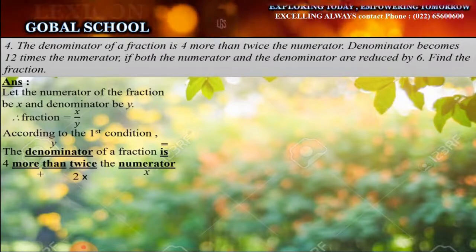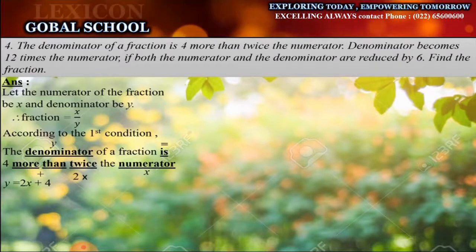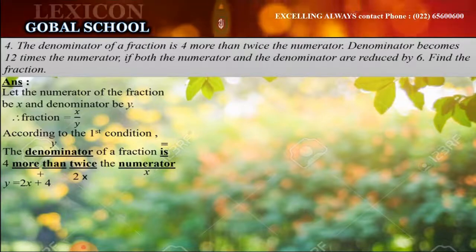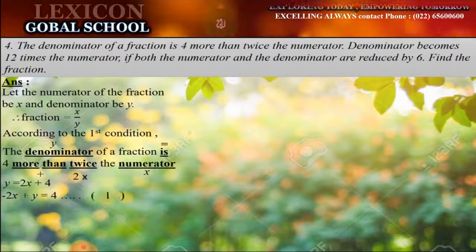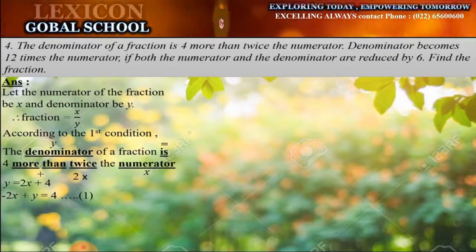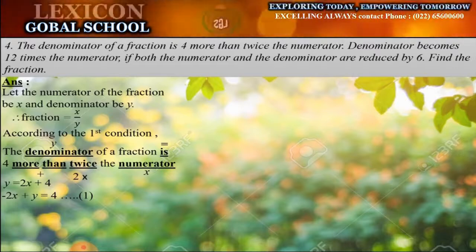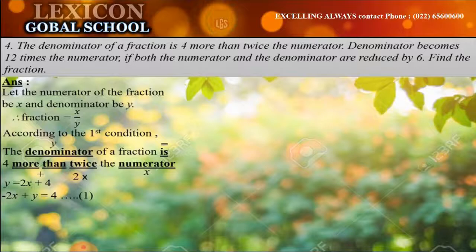Let us form the equation. So, denominator means y is equal to 4 more than means plus 4, twice the numerator, therefore 2x. Let us properly arrange it. 2x from your right hand side will move on to your left hand side. Therefore, minus 2x plus y is equal to 4 is equation 1.